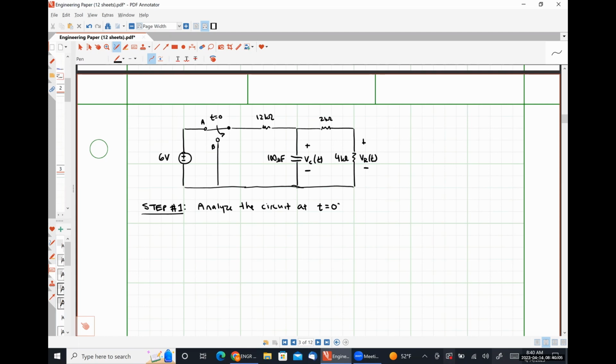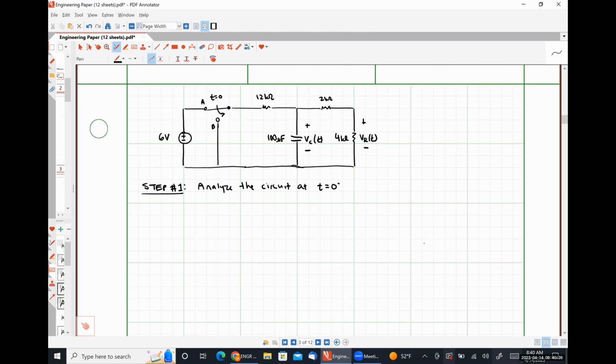So at t equal to 0 minus, we are at DC steady state, which means our capacitor is going to look like what? An open circuit, and our switch will be a short between terminal A and that leg of the 12 kilo ohm resistor, all right? So at t equal to 0 minus, this is what we have.